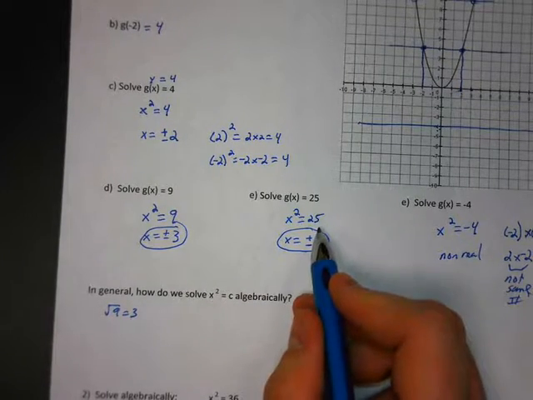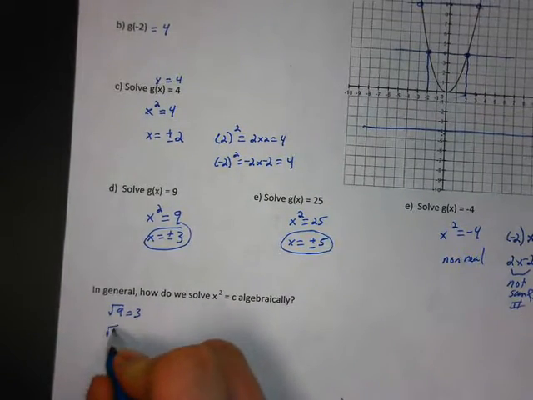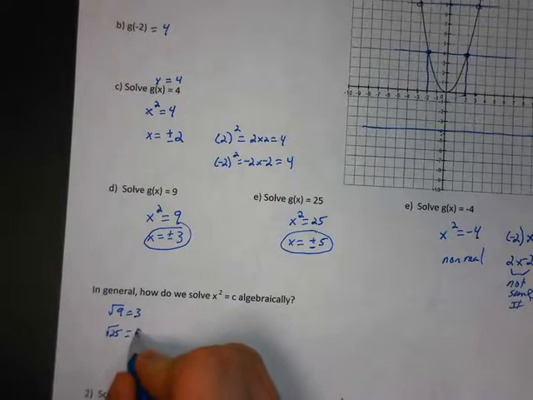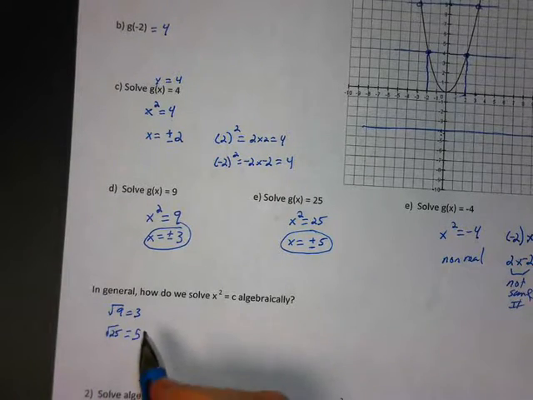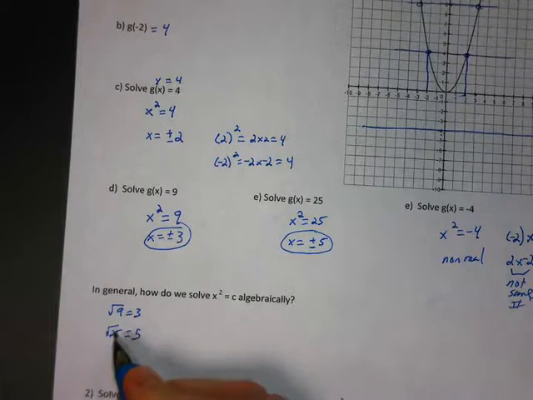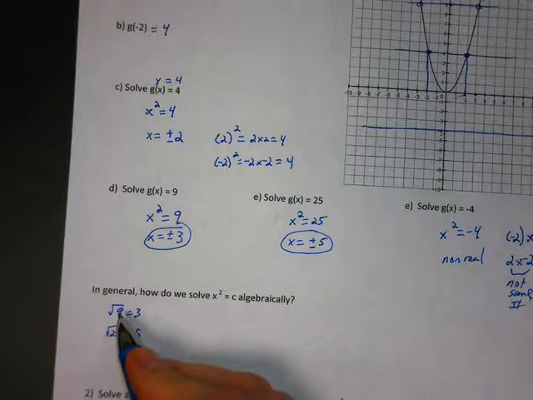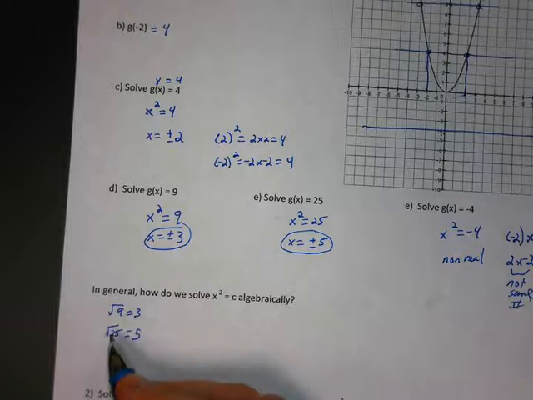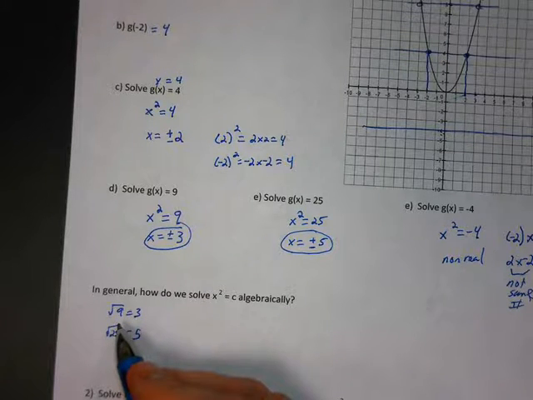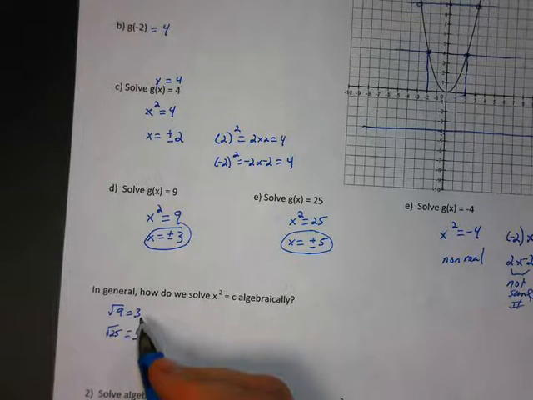When we had x squared equals 25, you might notice that the square root of 25 equals 5. And that's because 5 squared gives you 25, and 3 squared gives you 9. So if you start with the 9 and 25 and take the square root, that kind of undoes the squared. You can kind of think of it that way.